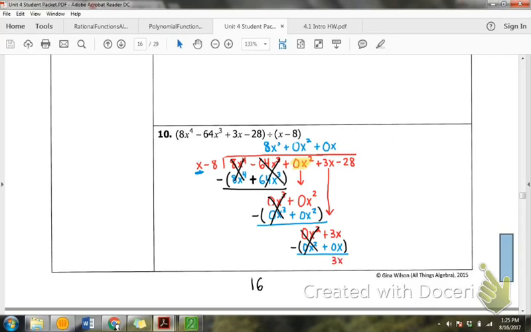3x, and then what else comes down? Okay, this is our last one. Negative 28. See if you can finish it. So you're asking yourself, what do you multiply x by to get 3x, whatever that first one is?